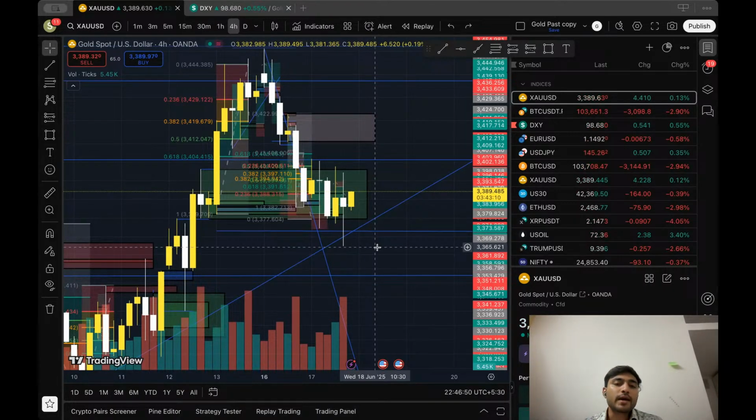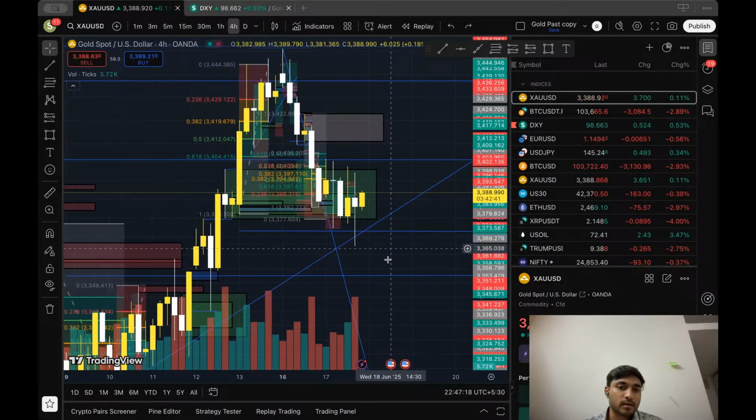Maybe I'll go 80%, 70%, depends. That is how I manage my risk, and I'll always be risk free in every trade except scalping trades. It's pointless to be risk free in that. In scalping trades it should be fast. If it isn't fast, just cut it at break even. That's what I believe scalping should be like.